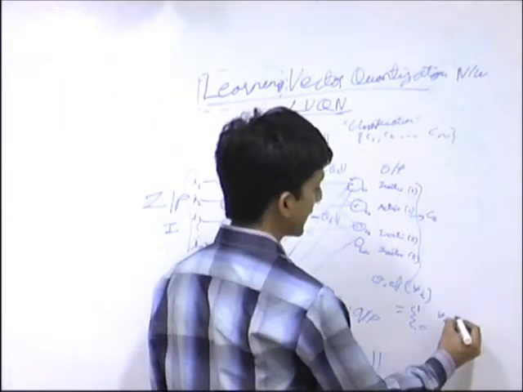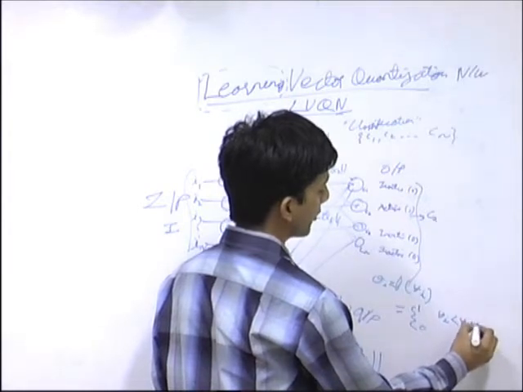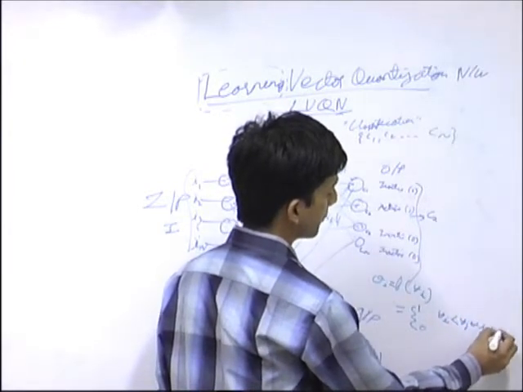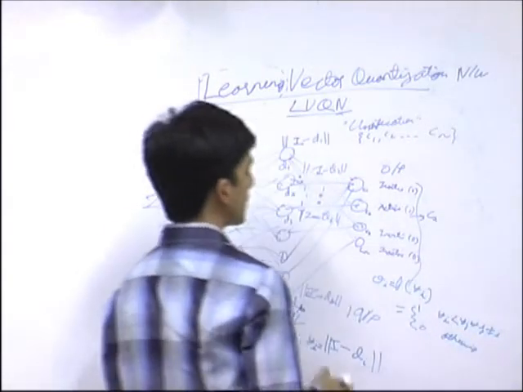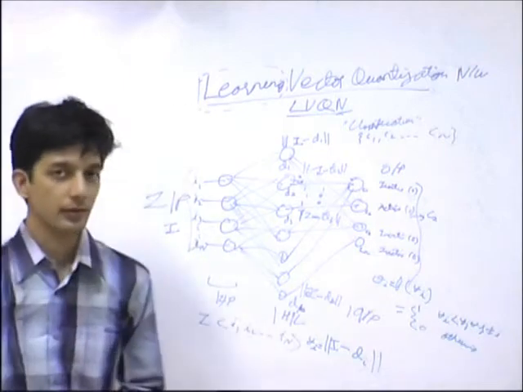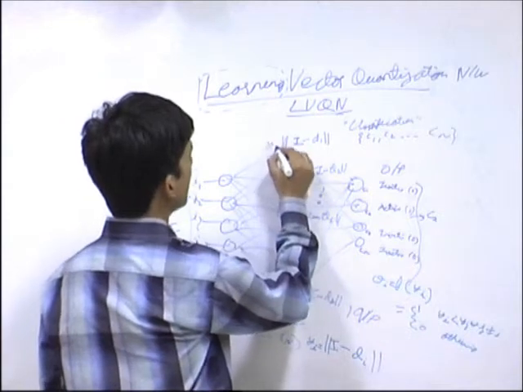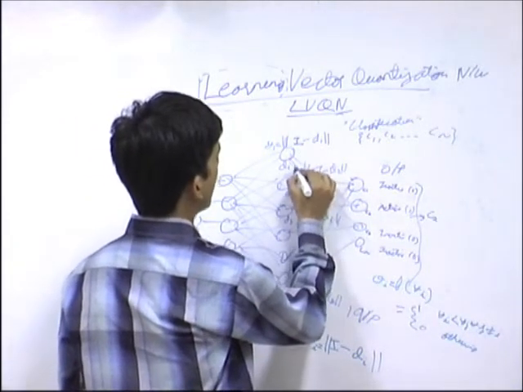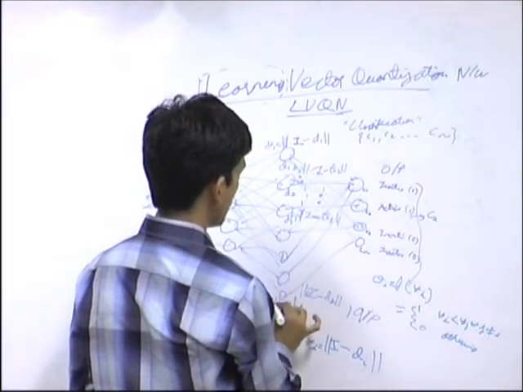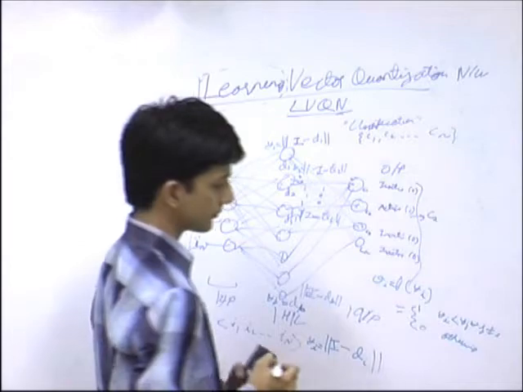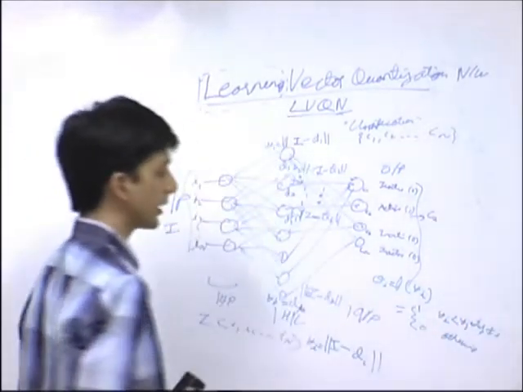So let me say it gives an activation value of 1 if yi is less than yj for all j not equal to i, and it gives 0 otherwise. So basically each one of these calculated some y1 over here, y2 over here, y3 over here, yp over here. It will be for all j not equal to i.